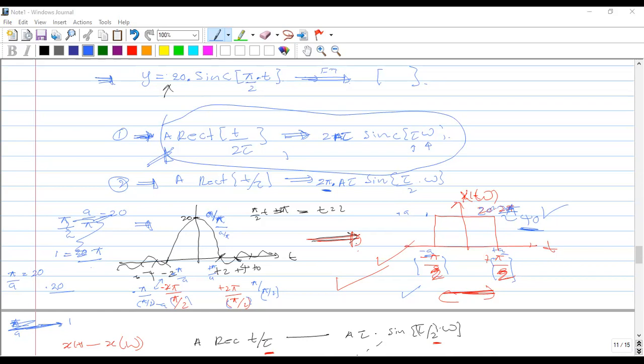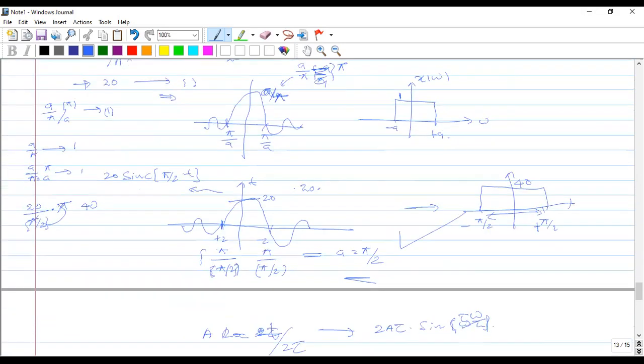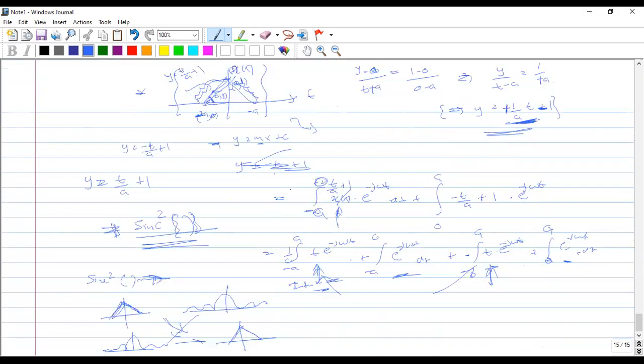In both ways you can get the Fourier transform of any Sinc function. In the same way you can derive and get that kind of general scenario to evaluate the Sinc square function spectrum also.